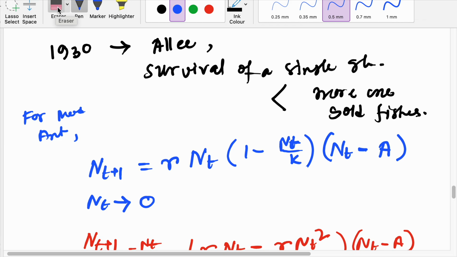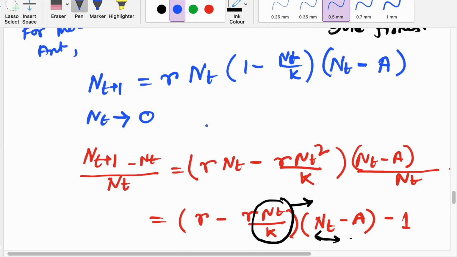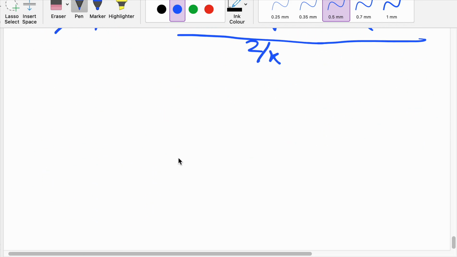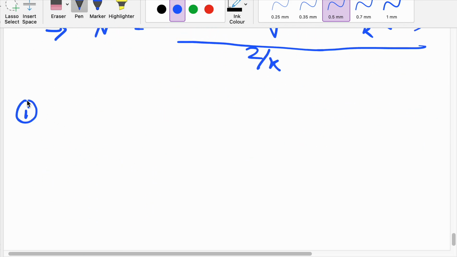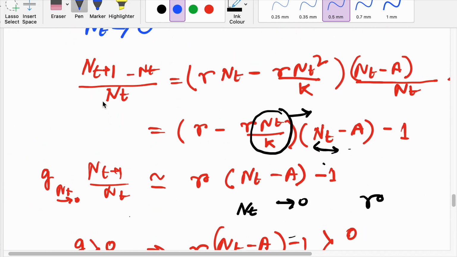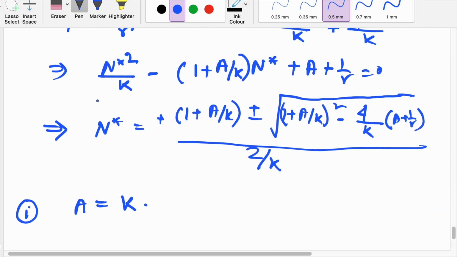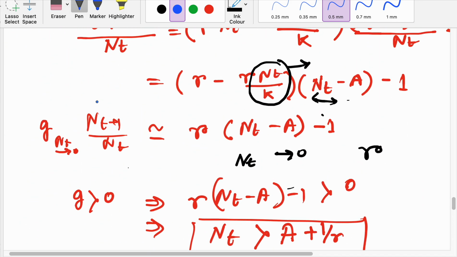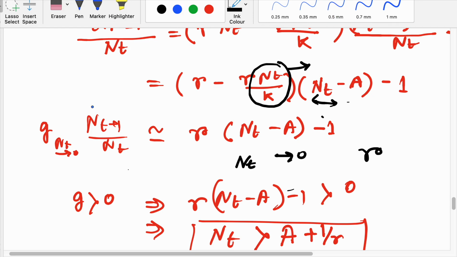Now if a and k become equal, the first case is when a is equal to k. Then you will find that the two fixed points will become 0.